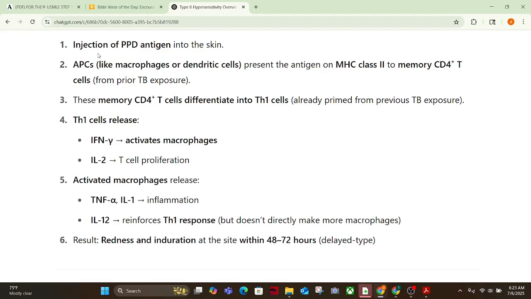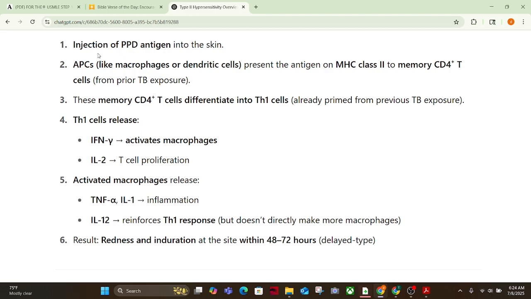Th1 cells release interferon gamma, which activates macrophages, and these activated macrophages release TNF alpha and interleukin 1 and interleukin 12. This interleukin 12 increases the Th1 population again so that Th1 can release interferon gamma to make more macrophages at that PPD site.